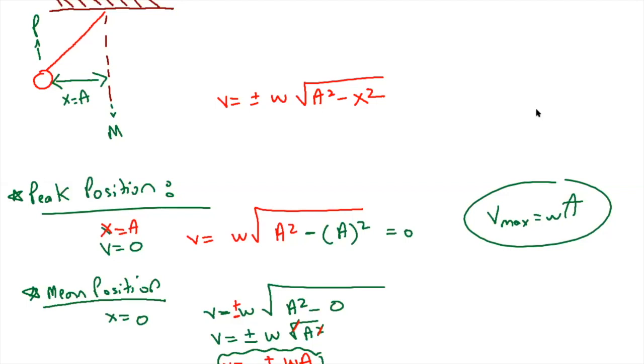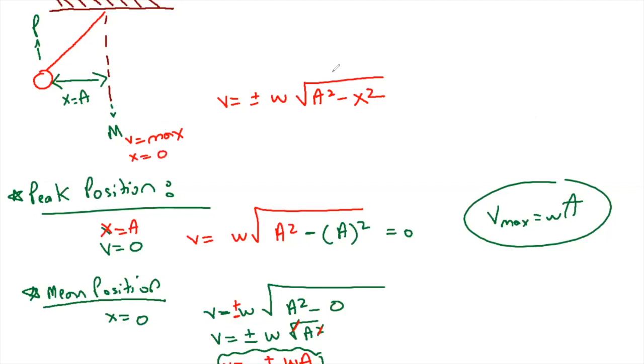Check this out. It doesn't say V max, it says velocity. And I am at mean position right now. But what am I getting? Omega a. So isn't it a proof?